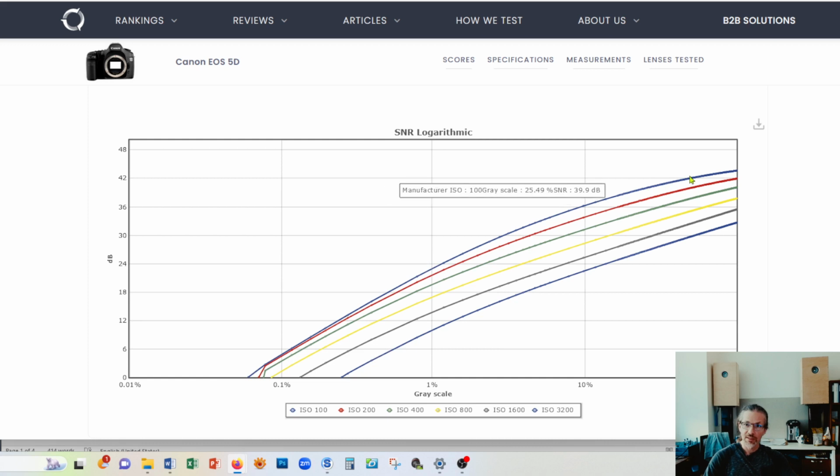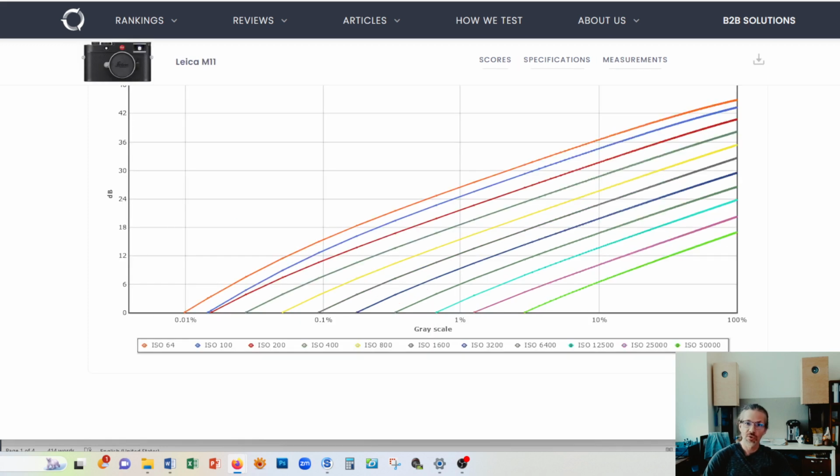So you see, this line just continues from here, and now it gets steeper, and for the Leica it just goes out and continues straight to a much lower degree, and that's because we have more bits on the lower end, so it can extend to that 0.01 range.